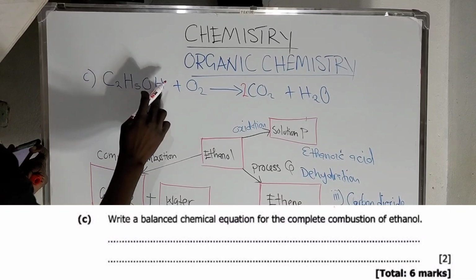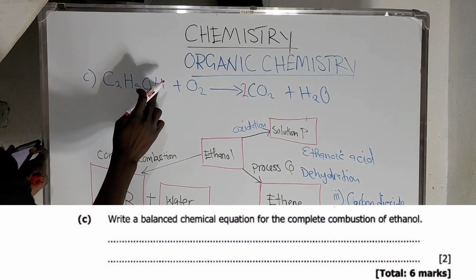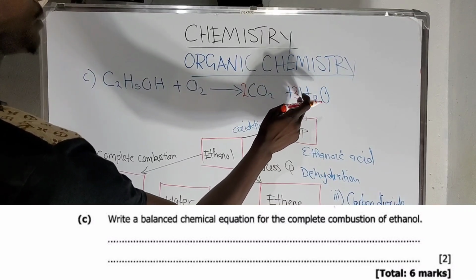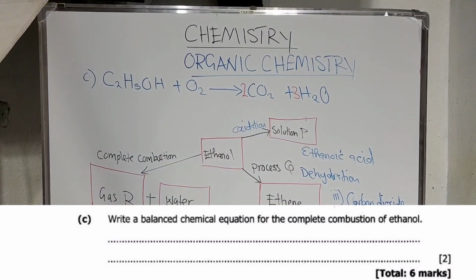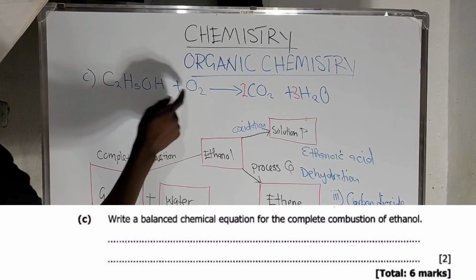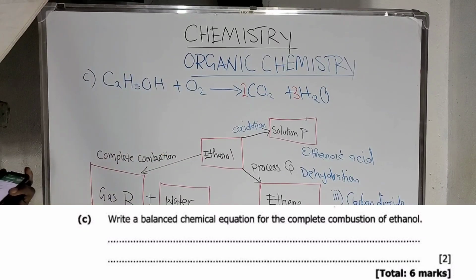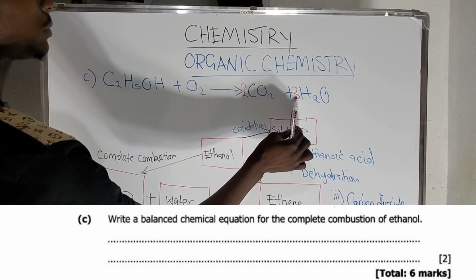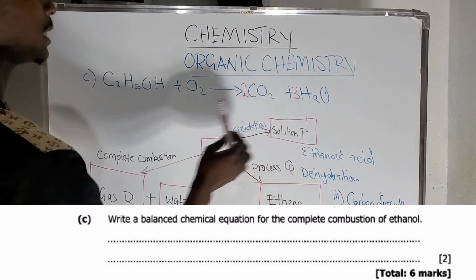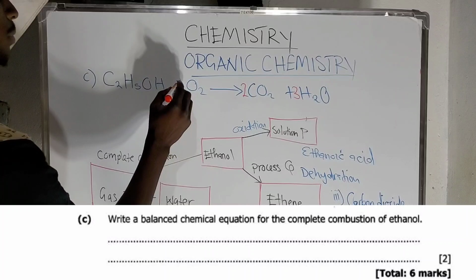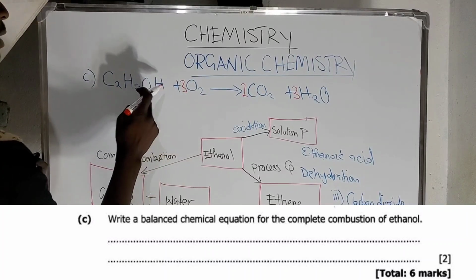We have 6 atoms of hydrogen on this side, 5 plus this one, and on this side we have 2, so you put a 3 here, which multiplied by 2 becomes 6. Oxygen: on the reactant side you have 1 plus 2, which is 3. On the product side you have 2 times 2, 4, plus 3 times 1, 3, so 4 plus 3 is 7. So if we put a 3 here, it will be 3 times 2, 6, plus 1, 7.